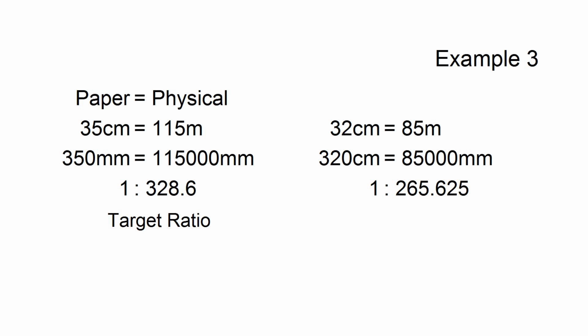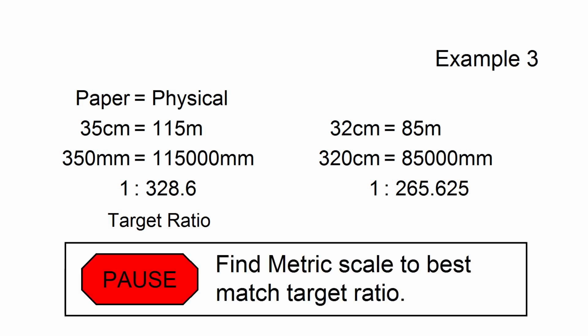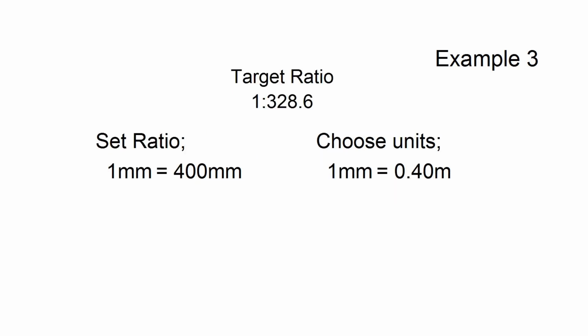With that target ratio, now we think about what is the best metric scale to use to match that target ratio. Pause the video and give that a try. Now for the metric scale, we have 1 millimeter equals some distance.